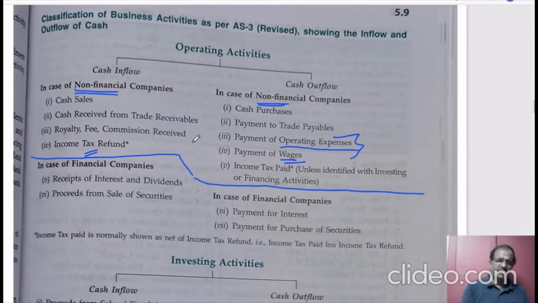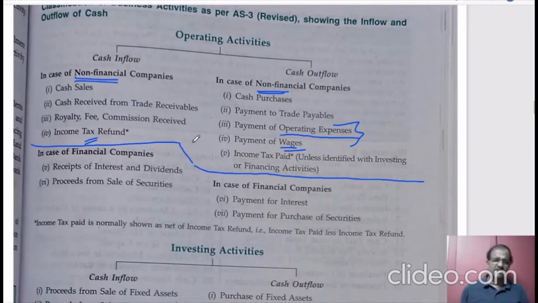Now, my dear, let us see how the same would differ in the case of a financial company. Financial company in general, we can take it as, for example, for easy understanding, chit funds or any other finance companies. There, the activity could be different from non-financial activity, because these companies are dealing directly in money.